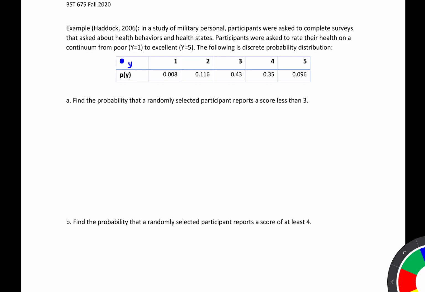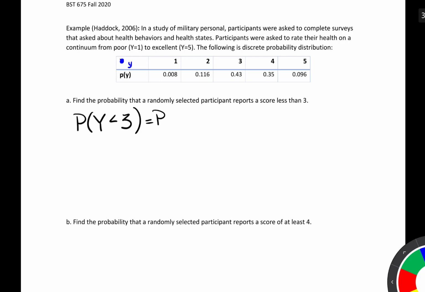So the first one says, find the probability that a randomly selected participant reports a score less than 3. So here what we're looking for is the probability that our random variable y is less than 3. Now if we look up at our table here, notice the only two values that are less than 3 are 1 and 2.